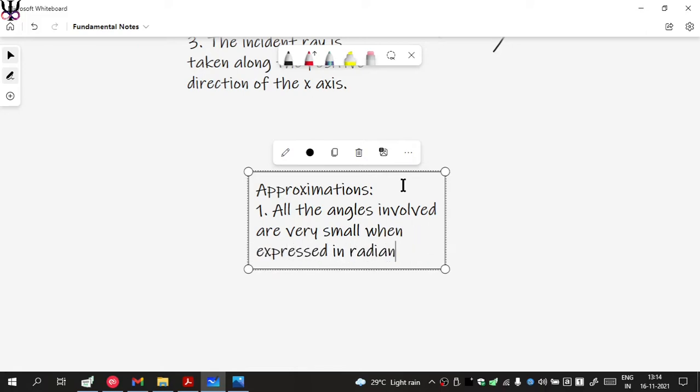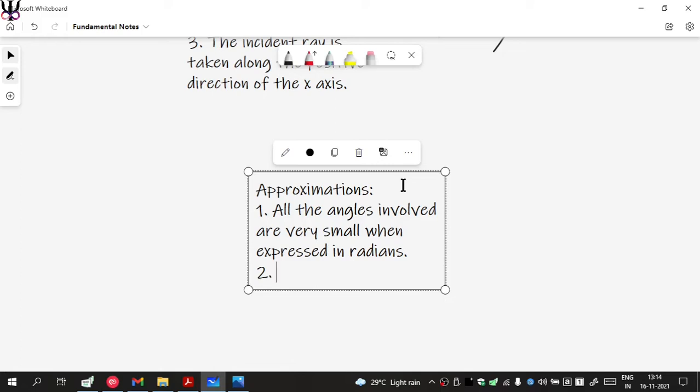Not in degrees but in radians. Angles are expressed in radians, and when expressed in radians, these angles have to be very small. Why that is so, I will explain.